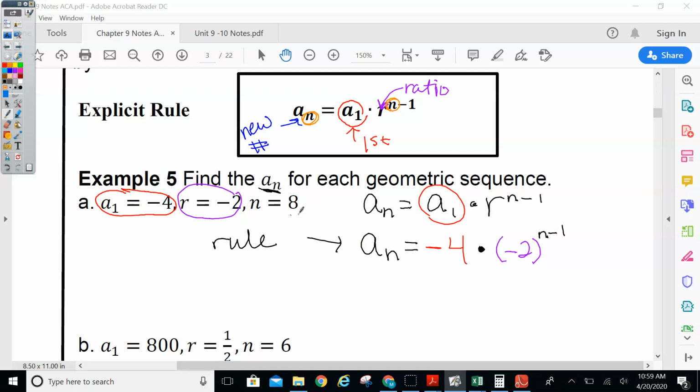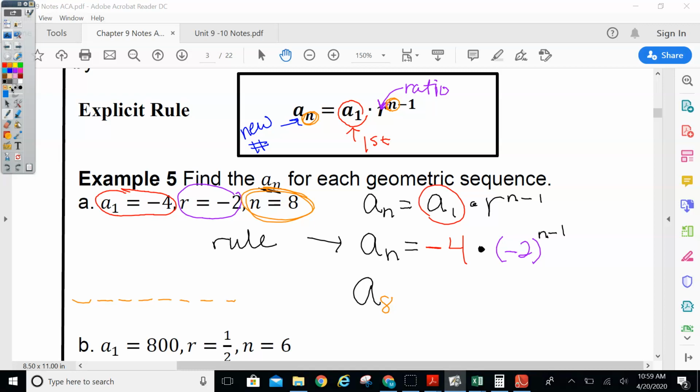But now it wants us to use the rule to find the 8th term. We can go through and count 1, 2, 3, 4, 5, 6, 7, 8, or we can just plug in the number. So what we're going to do in the calculator, either on your phone or on the Inspire, is plug in 8 into this formula right here.